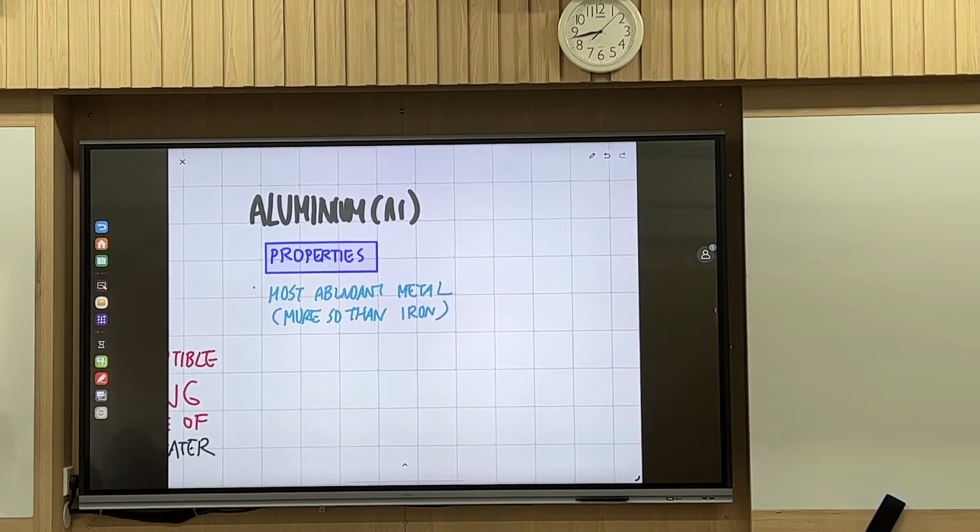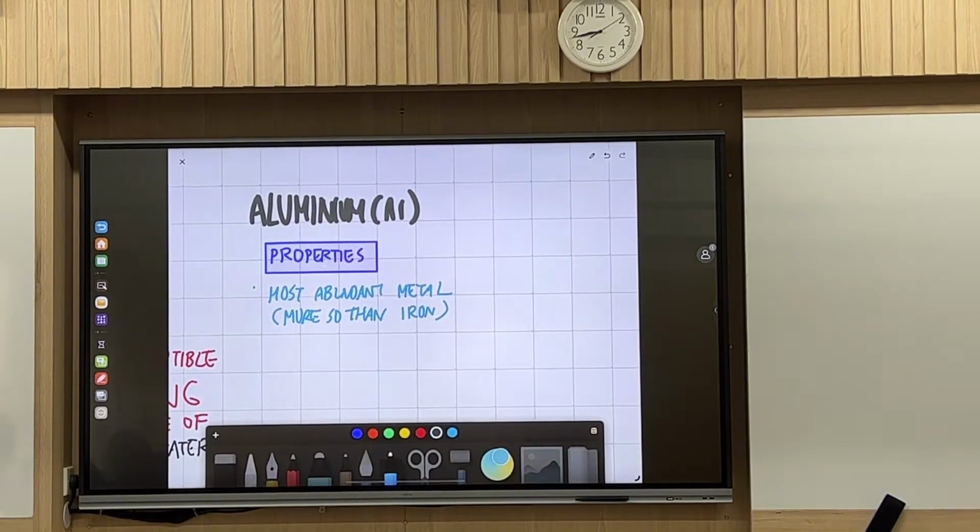So this is a question they will probably ask: what limits its use, and why is it that it is widely used much later than iron?